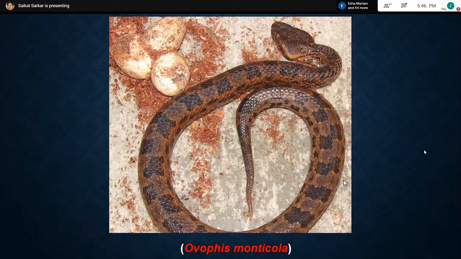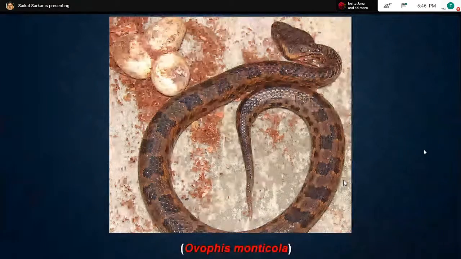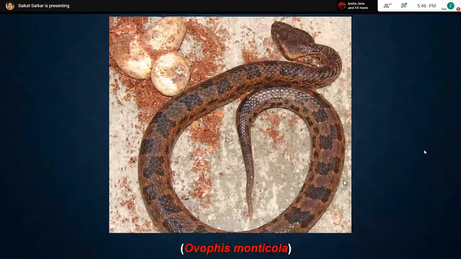This is a very interesting specimen that you can find in the hills of Darjeeling. Actually, I got this specimen from Darjeeling Government College. I used to teach there. Now, this specimen is interesting because, as we already know, the rule in the viper family is that they are live bearers.